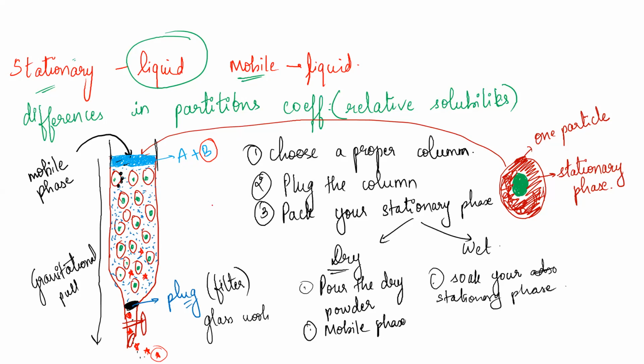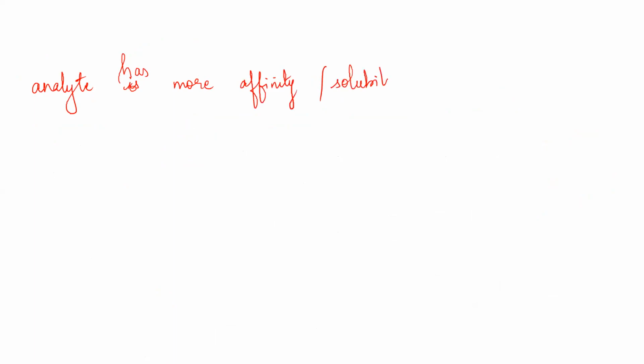Okay, so now here, if your analyte is more attracted to, or has more affinity or solubility to, the stationary phase, will it come out early or will it come out late?